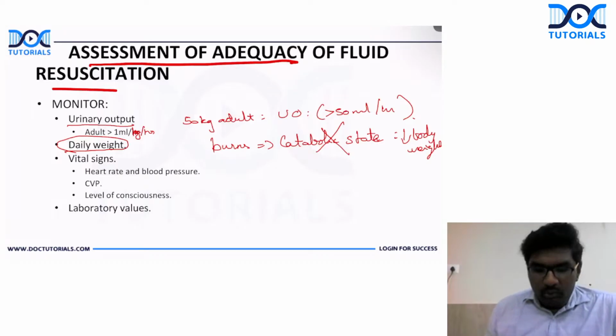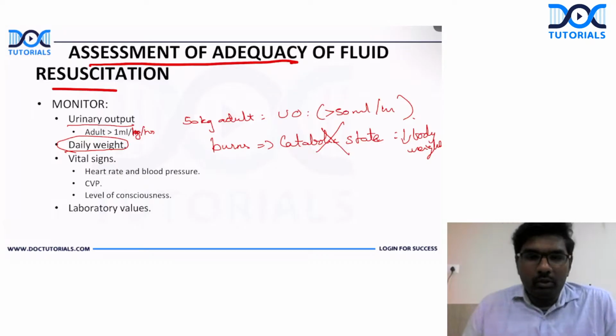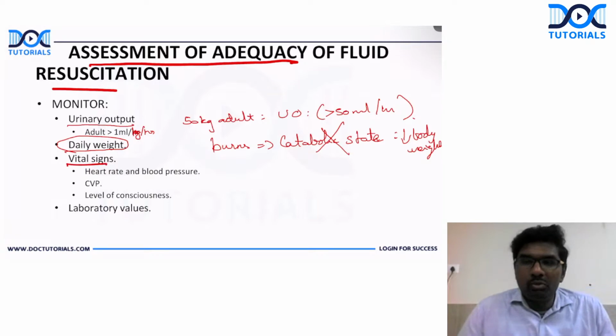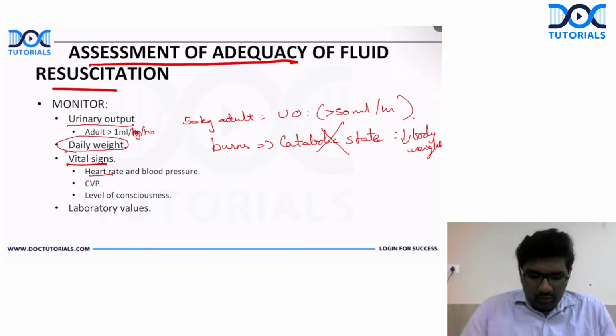Okay, these are the two important parameters which we monitor, and also vitals. The day-to-day, hour-to-hour, or even minute-to-minute vital monitoring will be very helpful. Heart rate: in case of shock or dehydration, the patient initially will have a tachycardia.